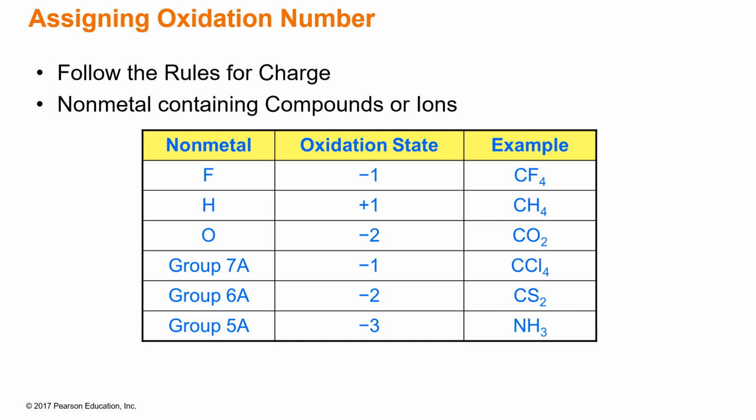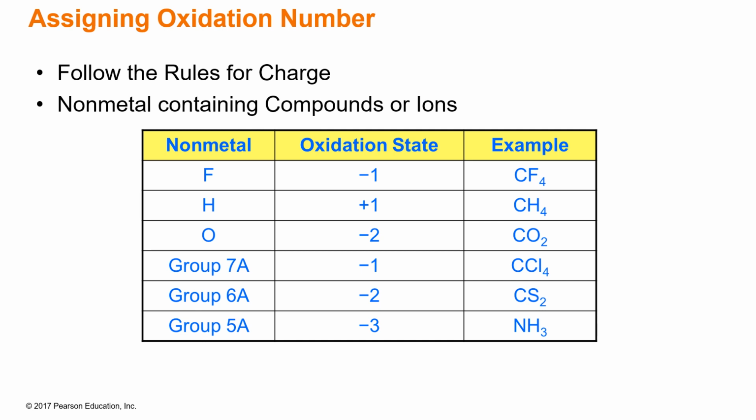We need to remember how to assign oxidation numbers. And for the most part, it follows the rules of charge. So if you have a metal with a +2 charge, your oxidation state is a +2. If you have a neutral compound, all of the oxidation states have to add up to 0 for the compound.